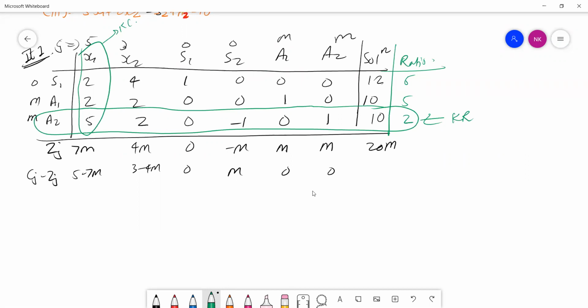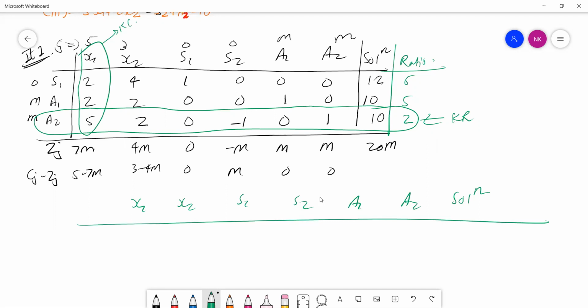So let me have my second simplex table. In this case I will have s1, a1, and instead of a2, I will have x1. This is 0, M, and the coefficient of x1 is 5. Then 5, 3, 0, 0, M, M.